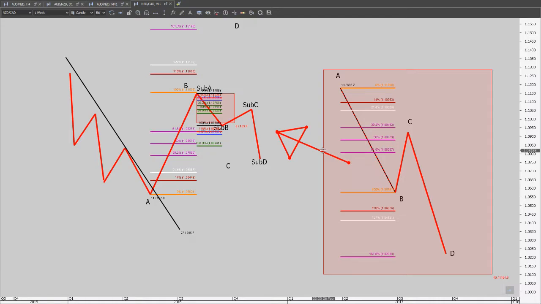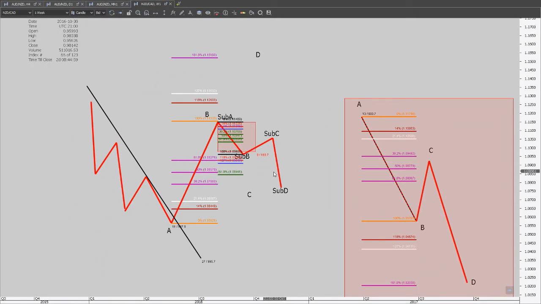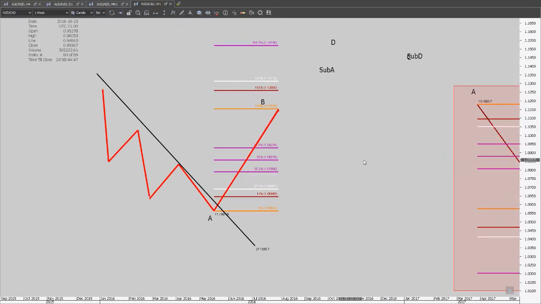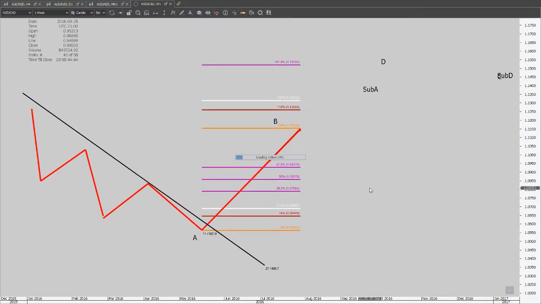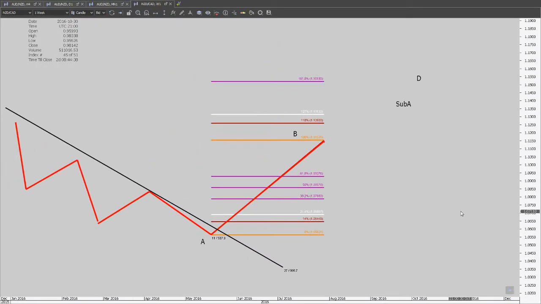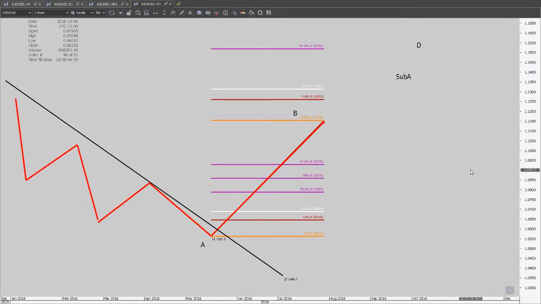Now, some of you have difficulties identifying the contrarian Fibonacci. So what we are going to do, sub A, sub B, sub C, sub D, like here, we are going to zoom in this example. Now, you need to be aware, everybody, that the contrarian Fibonacci is a tool to measure retracements.